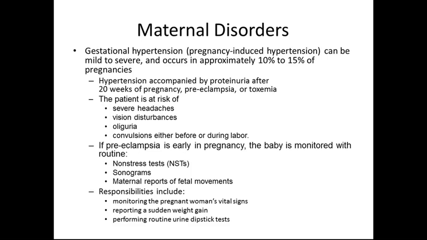The patient is at risk of severe headaches, vision disturbances, oliguria, and convulsions either before or during labor. If preeclampsia is early in pregnancy, the baby is monitored with a routine non-stress test, sonograms, and maternal reports of fetal movement.